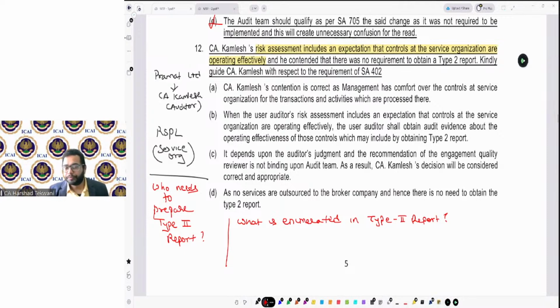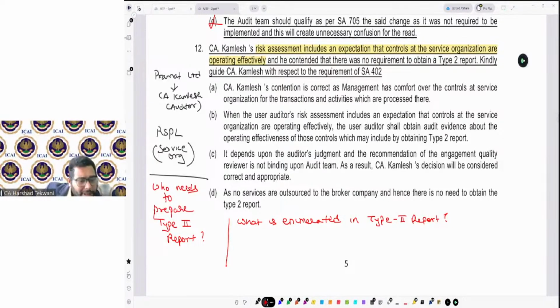Okay. Now, okay. Good, Janvi. Very good. So let me explain why type 2, what is in the type 2, and who needs to prepare.